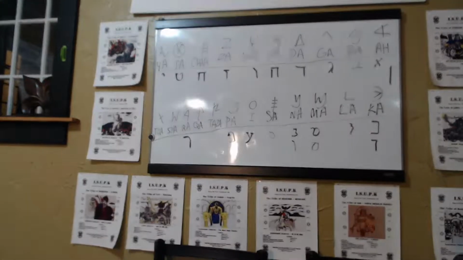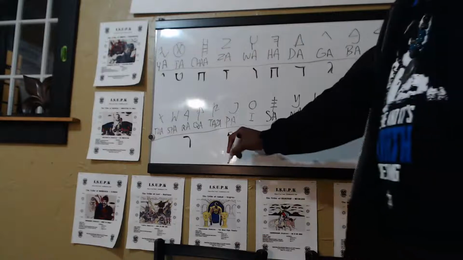Pi is the fourth letter that looks different on the end. When it's in between two letters, it looks like this. When it's at the end, it looks like this.